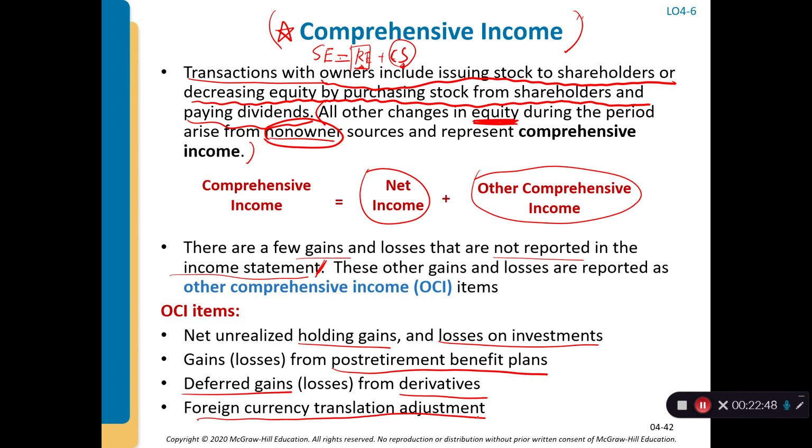In other words, the transactions and events that lead to changes in equity from non-owner sources are recorded as revenues, expenses, gains, and losses for the period.